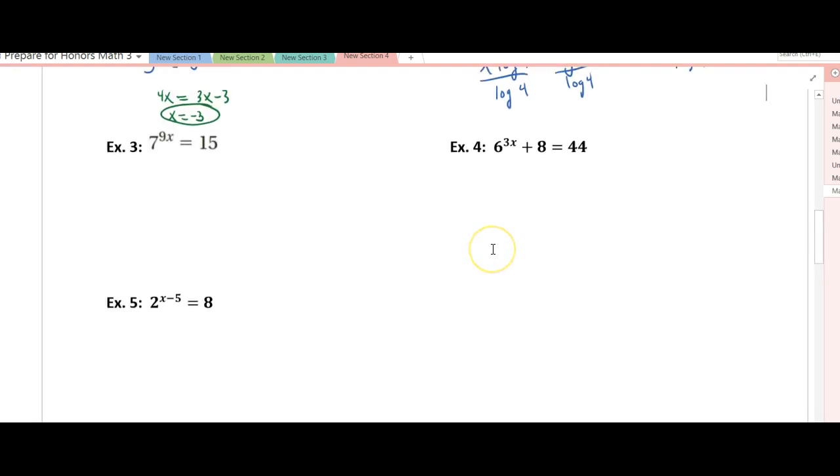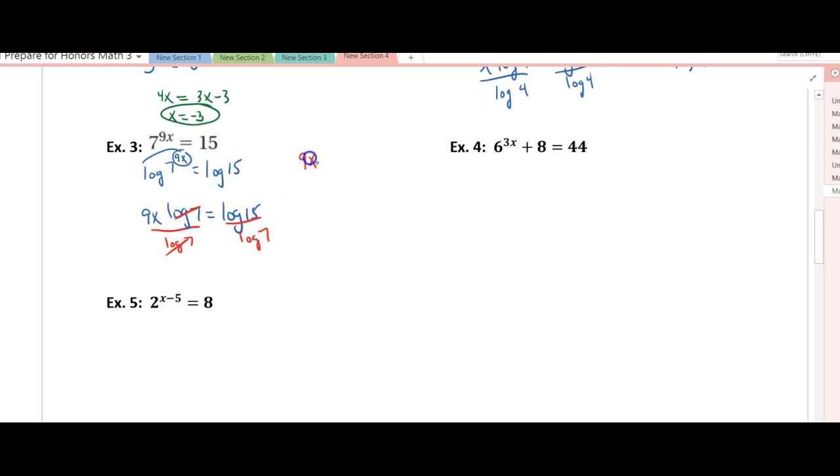Okay, example 3. I look at that and I say, no way they can be written using the same base. So all I'm going to do here is, again, take the log of both sides. Once I do that, I'm going to bring this exponent down. 9x times the log of 7 equals log of 15. But now I have to go through the process of solving for x. First, I'm going to divide by log of 7.